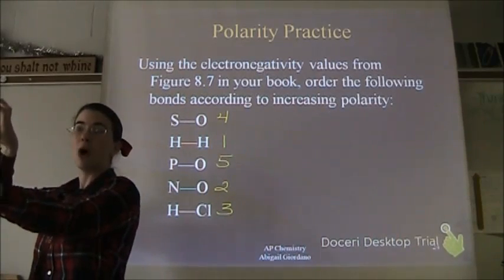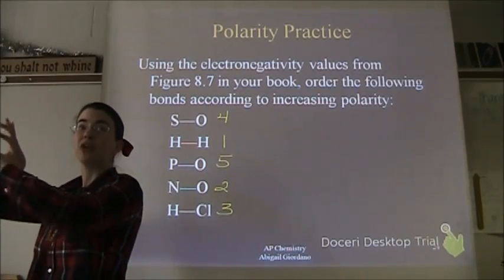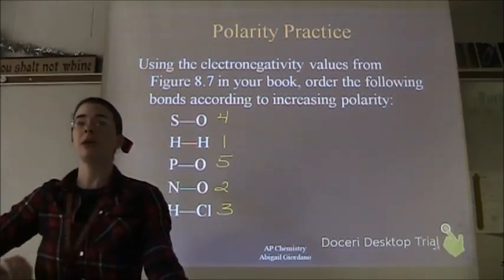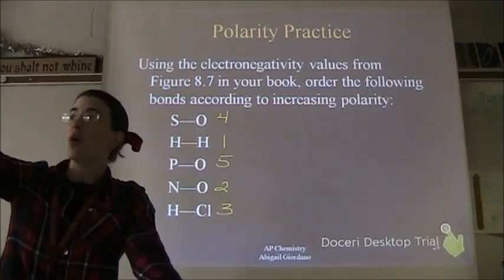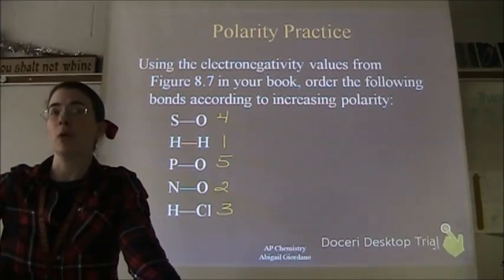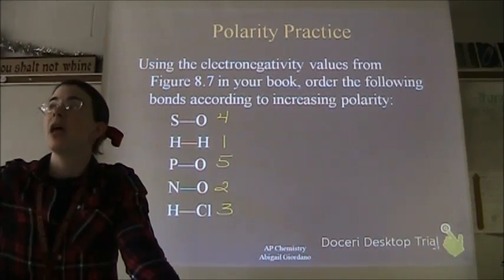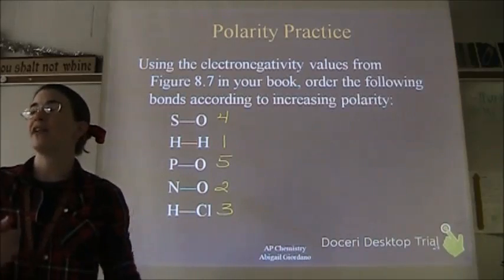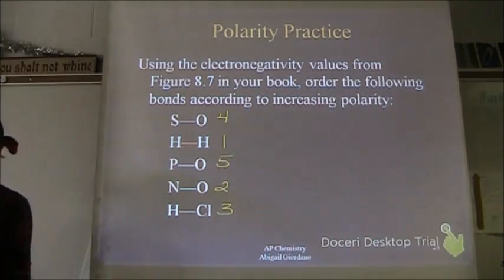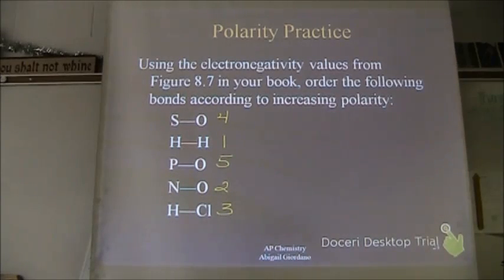The further apart they are, the bigger the difference will be. So you guys tell me, OF or NF, which one is more polar? NF. NF will have a larger electronegativity difference than OF. So I will stop here.